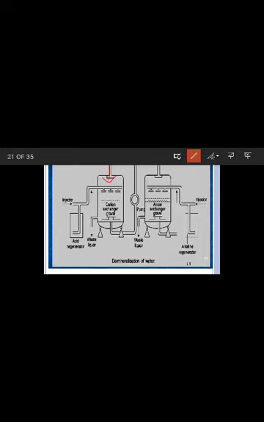In the cation exchanger, there is cation exchange resin in the middle. When we pass the hard water over the cation exchanger, there will be exchange reactions. So the cation exchanger traps all the cations there.